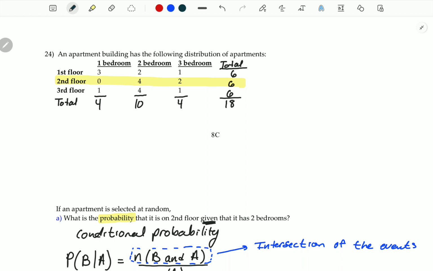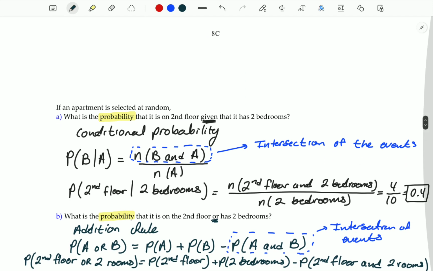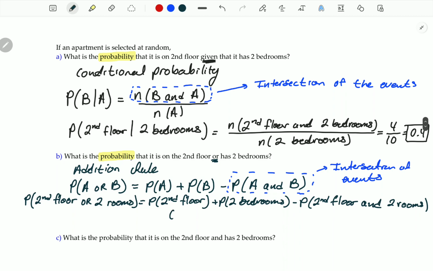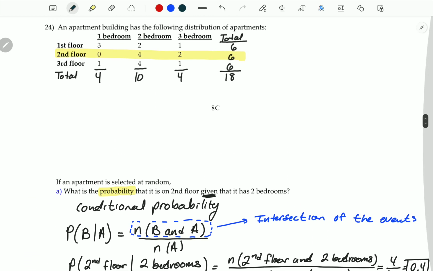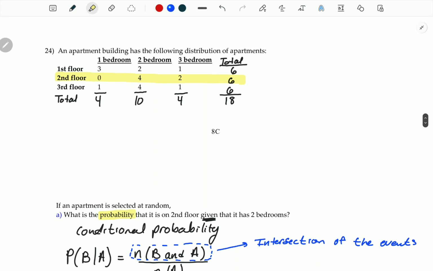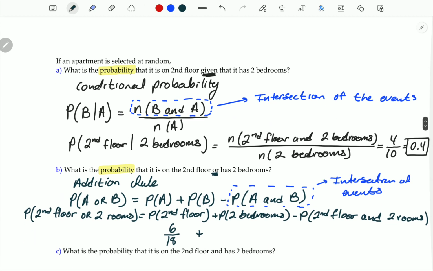So the probability of getting an apartment on the second floor is 6 out of 18, plus getting an apartment that has 2 bedrooms. Out of the 18 apartments in this building, we have a total of 10 apartments that have 2 bedrooms. So that's plus 10 out of 18.